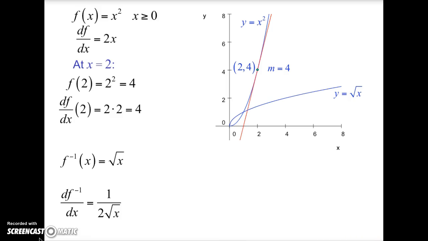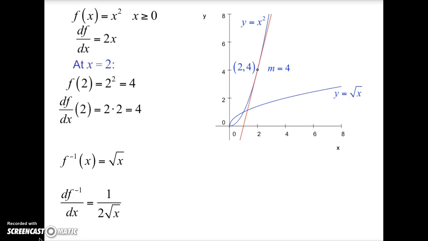Okay, so now that I have my derivative, maybe you haven't heard this term before. We know that functions that are inverses undo each other. If you want to find the inverse of a bunch of ordered pairs, you just take all the x's and y's and you switch them.